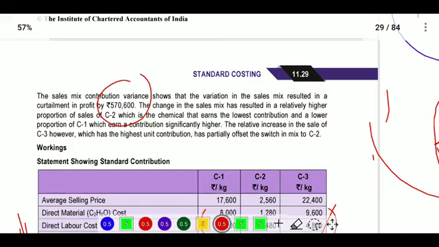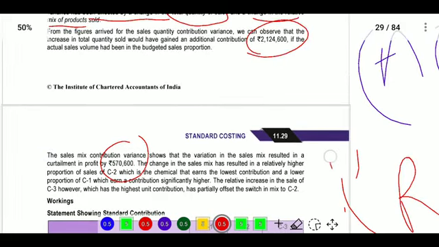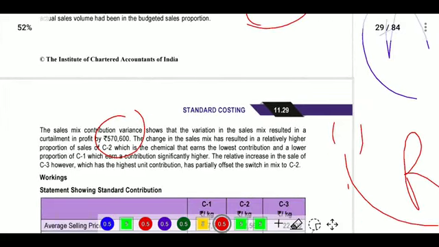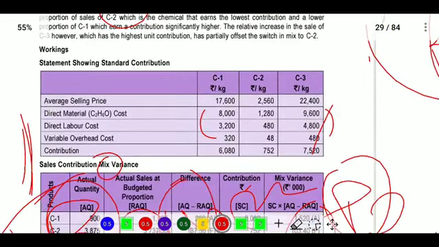So the change in the sales mix has resulted in a relatively higher proportion of sales of C2, the chemical that earns the lowest contribution, and a lower proportion of C1, which earns a significantly high contribution. Whatever we discussed here, we will write in points.